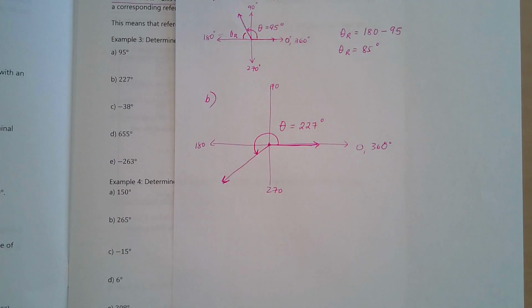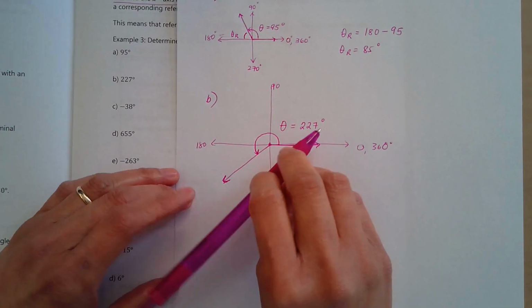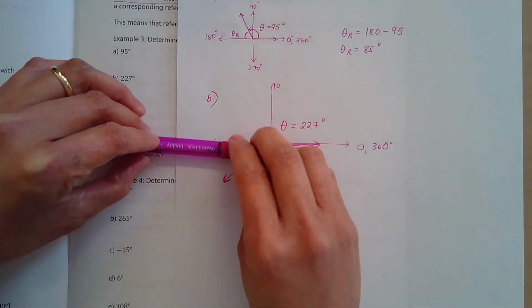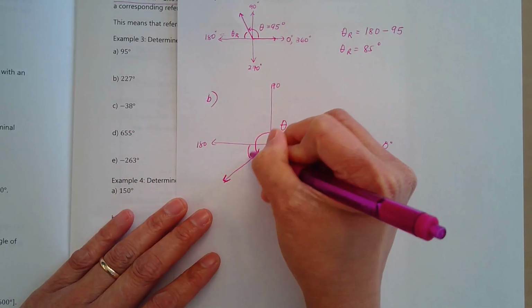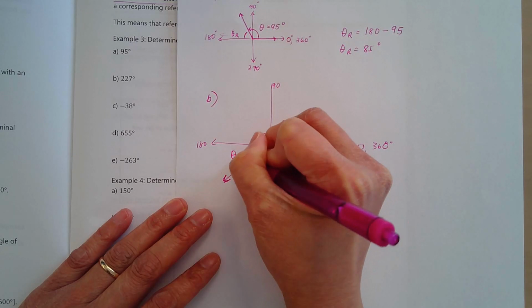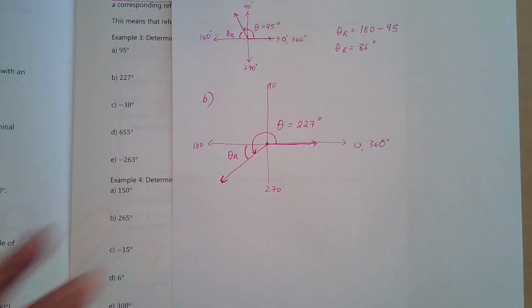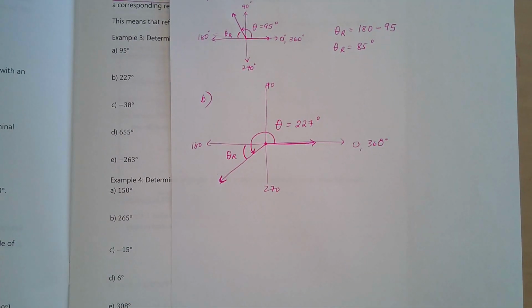Now we want to know what the reference angle is. It's between the terminal arm and the x-axis. So where would that be? This is the terminal arm, this is the x-axis, that's this part. So theta r, how can we figure out theta r?